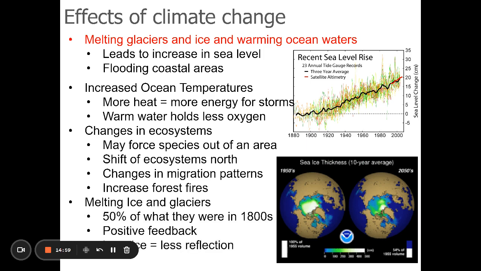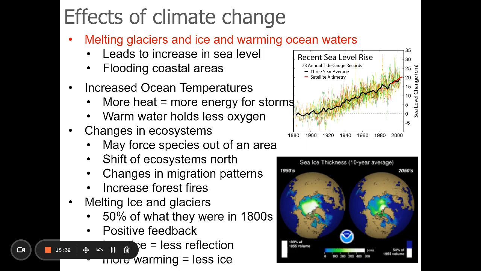And many of them already are coming about. One especially important issue is the melting of the polar ice caps, because when there's ice at the poles, ice reflects a lot of the incoming energy. But as that ice melts, the underlying land and sea absorbs more, and that causes more warming, which causes more melting, which absorbs more heat, which causes more warming.